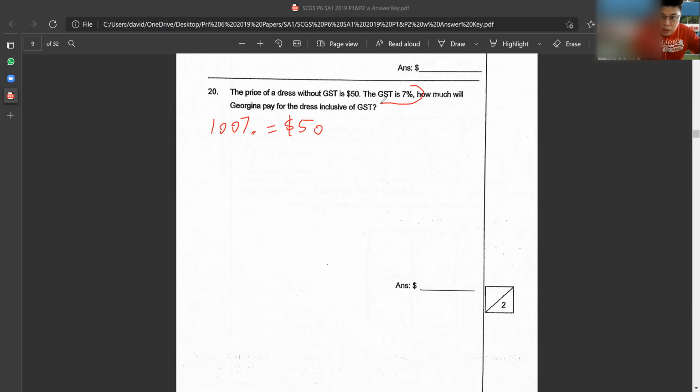But there's an extra 7%. So you're looking at 107%. You need to find out 107% is how many, because 7% GST. How much would Georgina pay for the dress inclusive of GST?